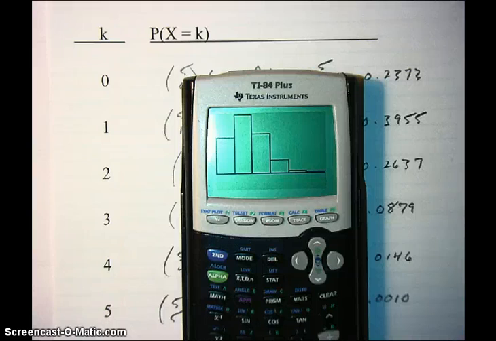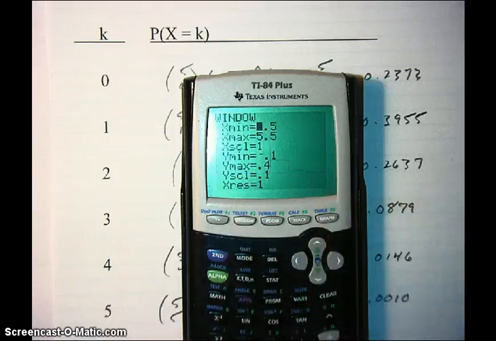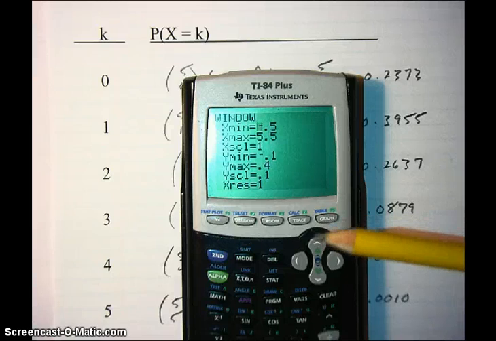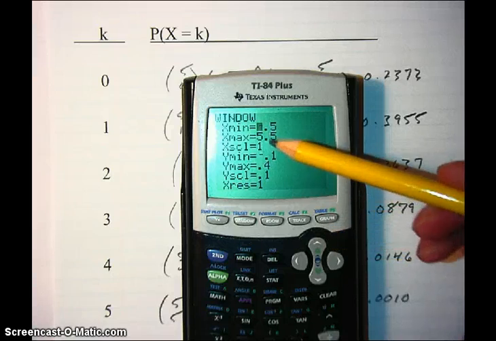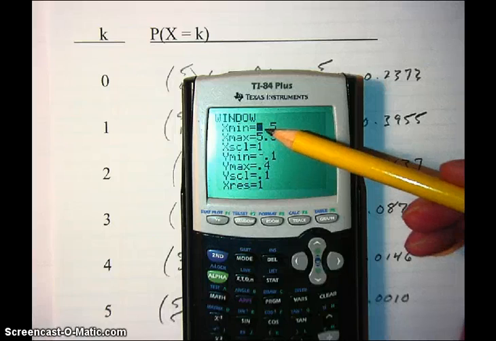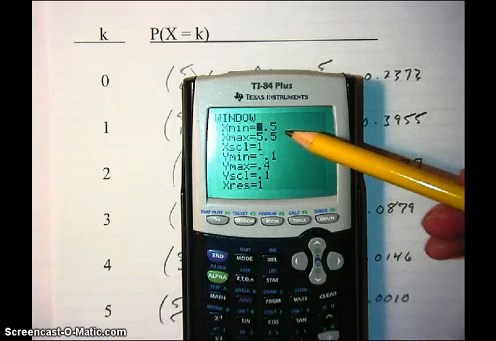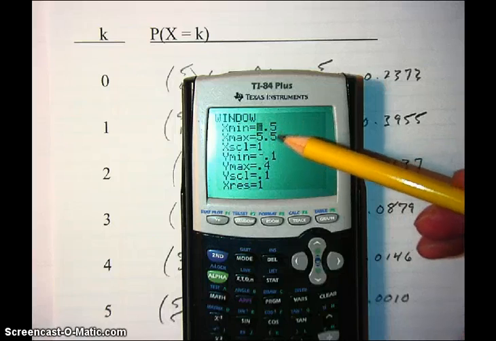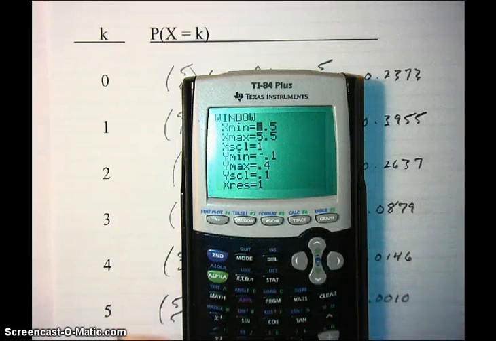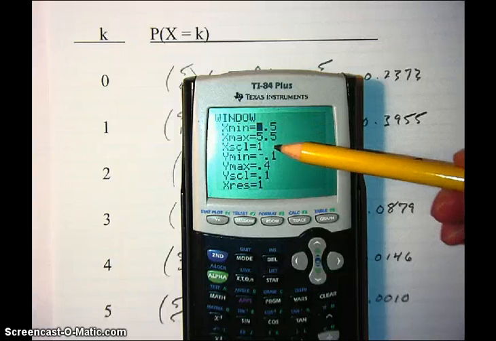Now there's one trick to this. You need to set up your window so it's going to behave correctly. If you let the calculator set up the window, it might make a mess of things, but if you do it yourself, set it up so that your x min is negative 0.5 and your x max is 0.5 greater than the number of trials. So we have enough room for 6 bars, and make each bar 1 unit wide.